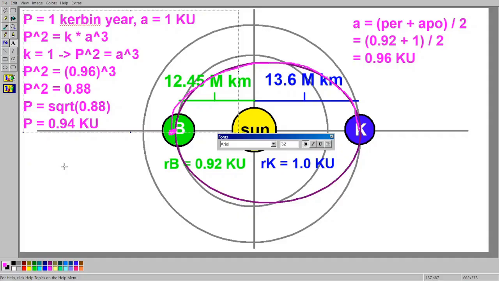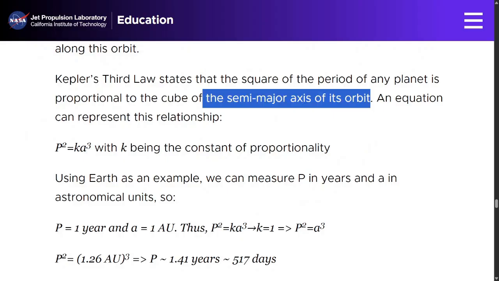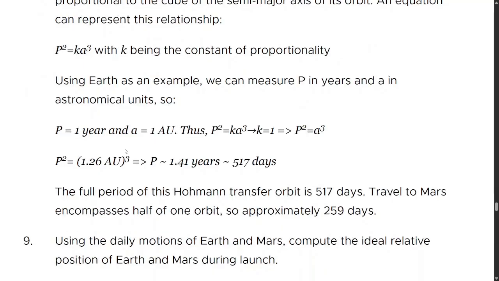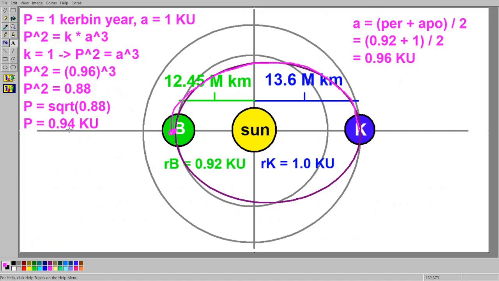So, I guess let's continue. Okay, so they converted to Earth days. So what I basically need to do now is convert the period to days.